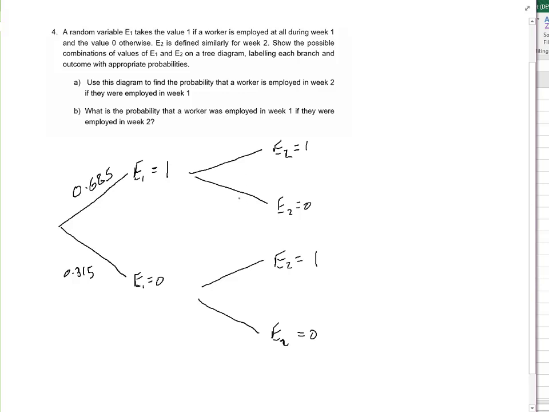We have to get these probabilities. So if they worked in the first week, what's the chance they also worked in the second week?